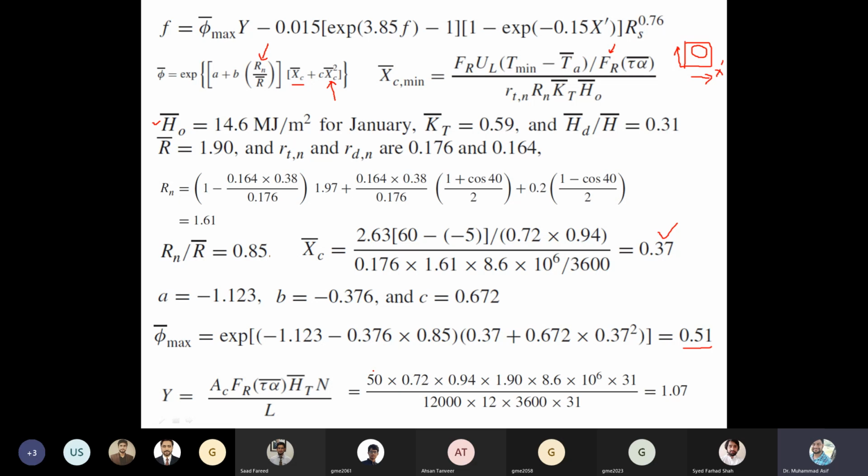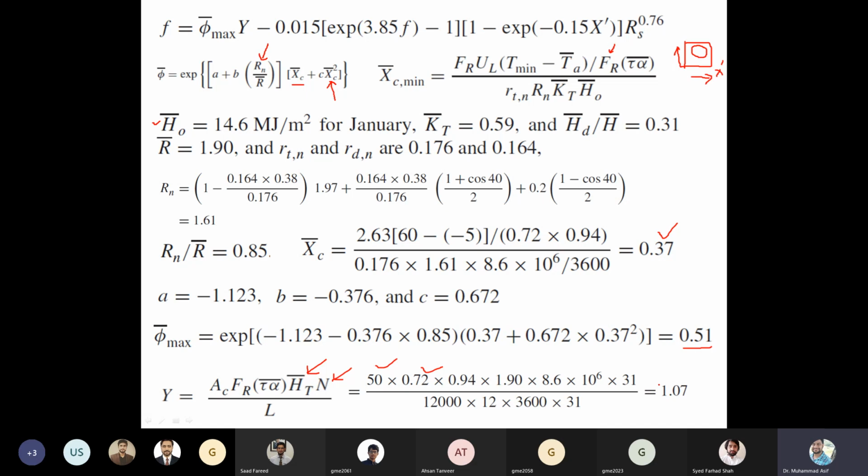The surface area is 50, and the value of FR is given, the product is given, HT is given. This is basically the average terrestrial radiation for the month of January. That's also given. You can convert it to joule, since it was in megajoule, and N is the number of days in January, and the load is also given, so you can convert into joule.